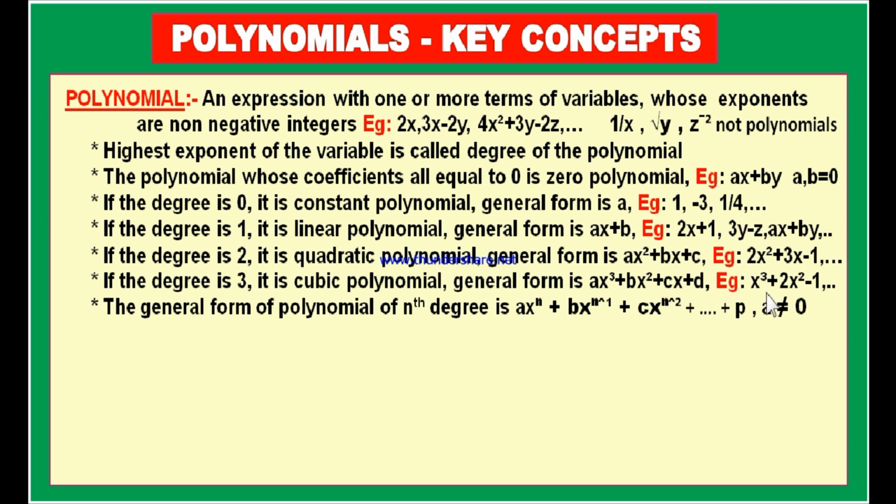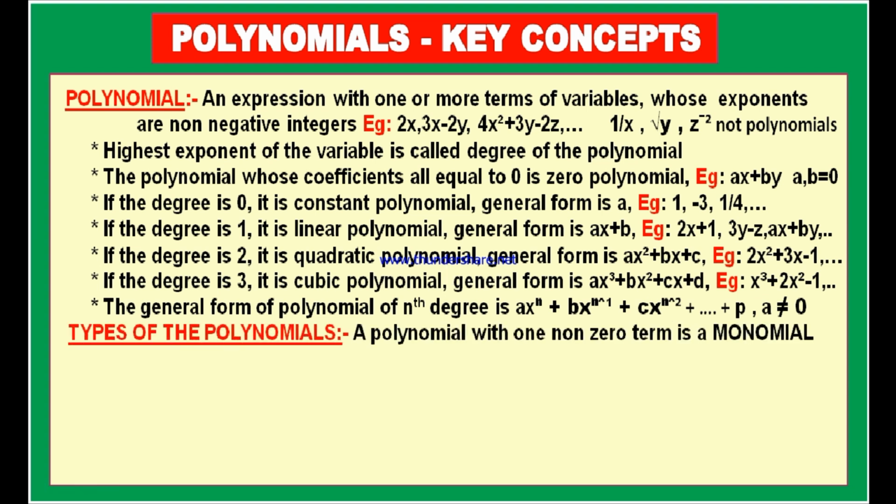You may try to write some examples on your own. Now, if in any polynomial the degree is 4, it is called a biquadratic polynomial. Please keep in mind.